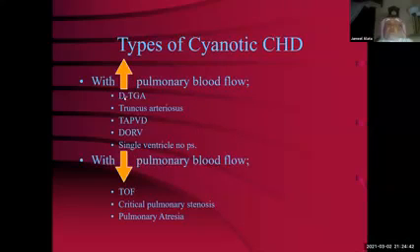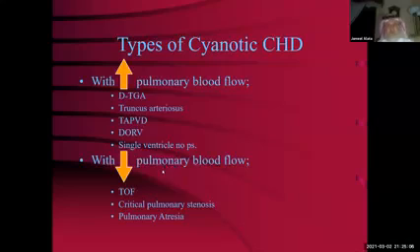Good examples of increased pulmonary blood flow are dextrotransposition of the great arteries, truncus arteriosus, total anomalous pulmonary venous drainage, double outlet right ventricle, and single ventricle with no pulmonary stenosis.